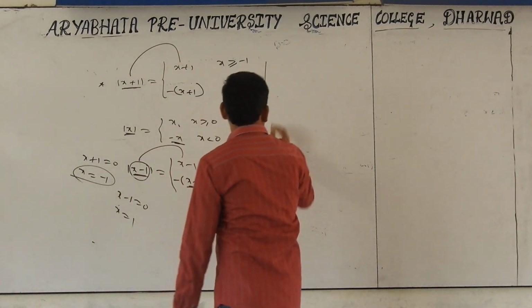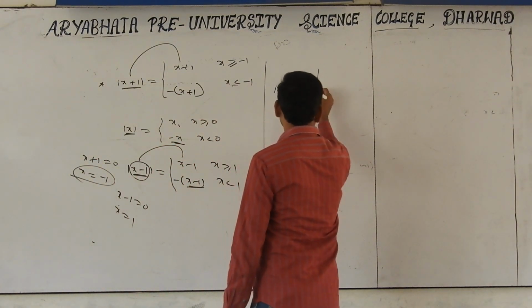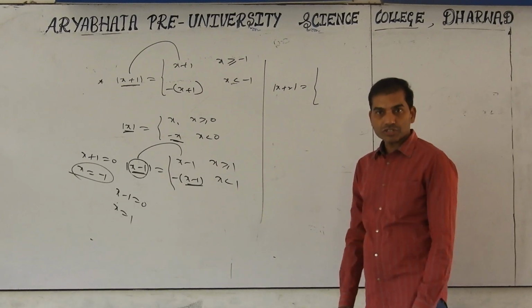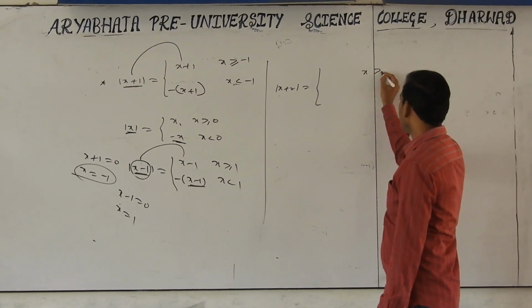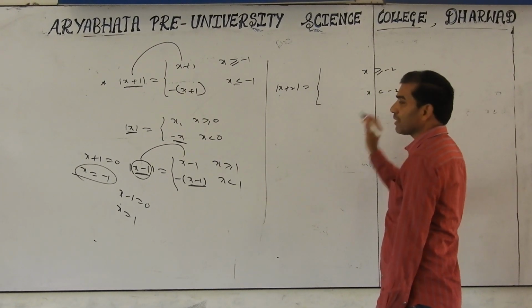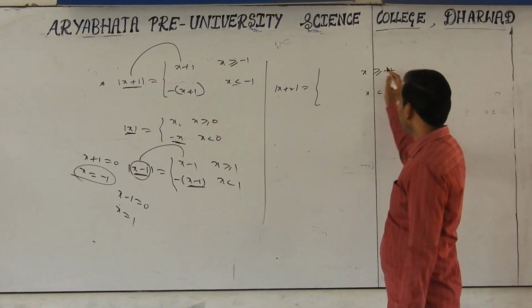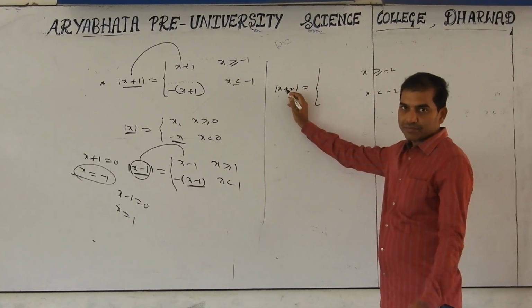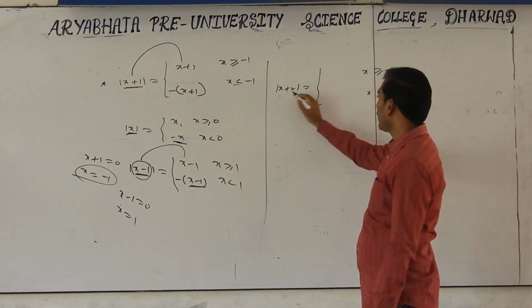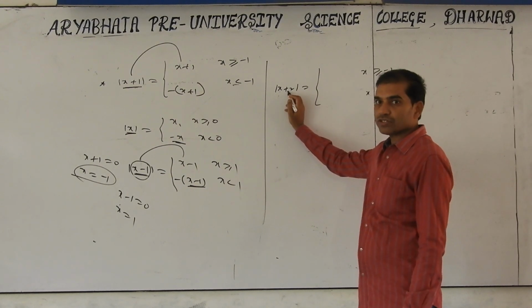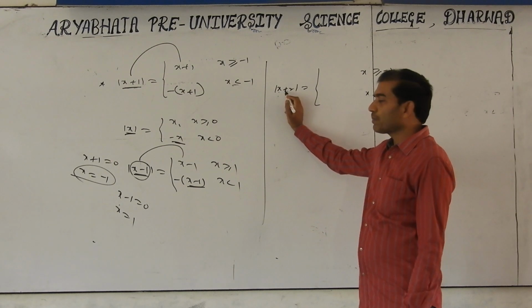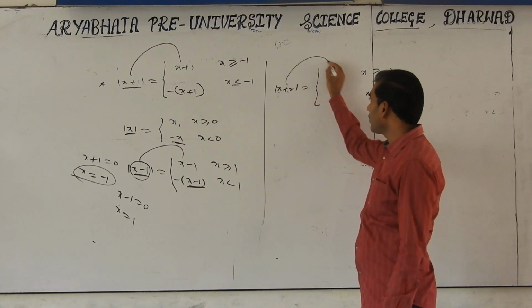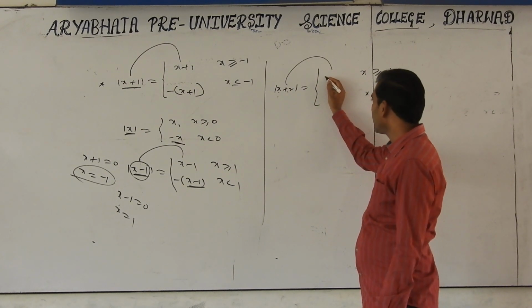Similarly, mod of x plus 2, it is changing at what point? Minus 2. So x greater than minus 2, x less than minus 2. Above minus 2, take one value, minus 1. Minus 1 plus 2, positive. 0 plus 2, positive. If it is positive, the mod x plus 2 is x plus 2.